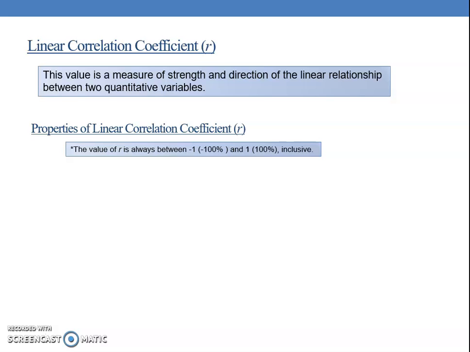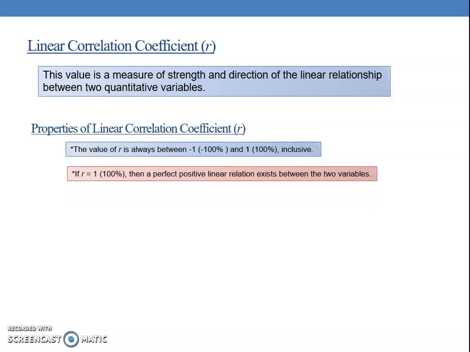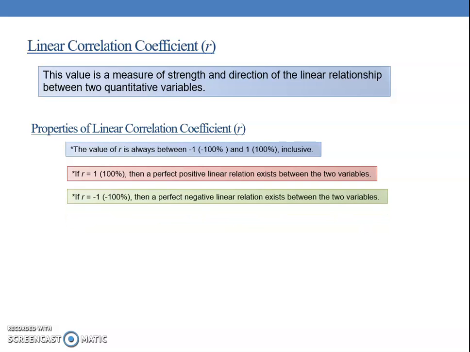Sometimes if we write it in percent form, it will be -100% all the way to 100%. And if r is equal to 1 or equal to 100%, then we say that there is a perfect positive linear relation between the two variables. On the other hand, if r is -1 or -100%, then we say that there's a perfect negative relation between the two variables.